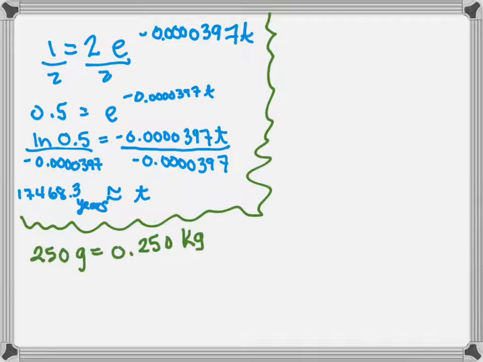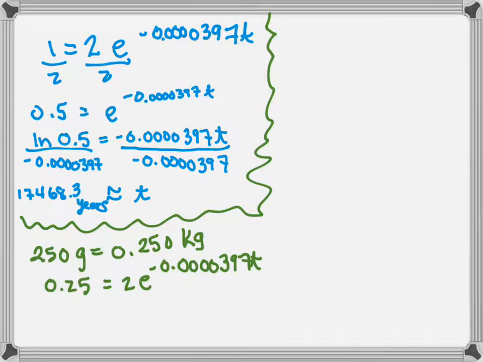Okay, so that means we'll have 250 equals 0.250 kilograms. Sorry, we're given grams and everything else we've dealt with has been in kilograms, so we needed to convert. So 250 grams is equal to 0.250 kilograms. We need to make sure we have constant units in our equations and functions.